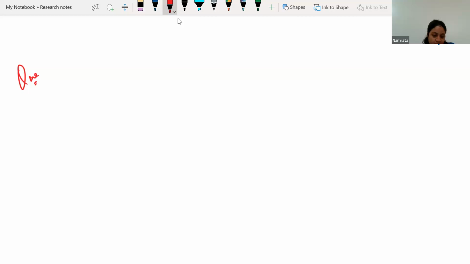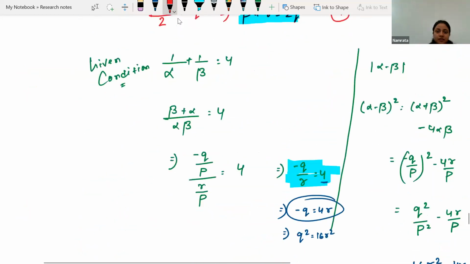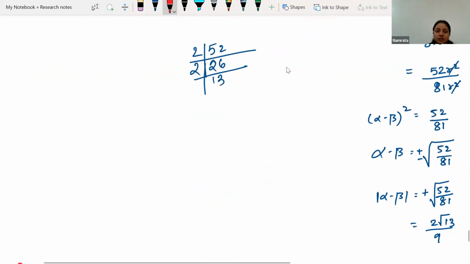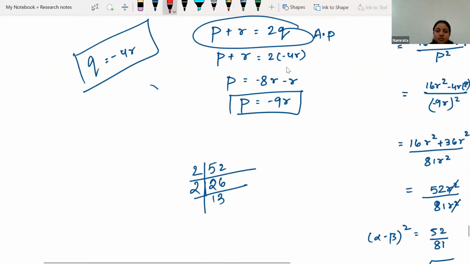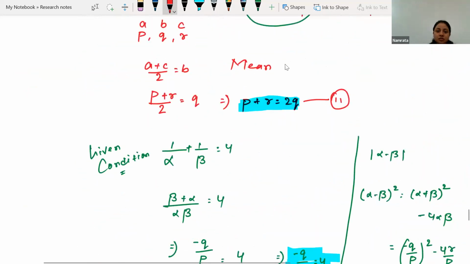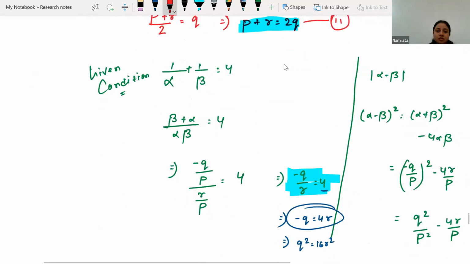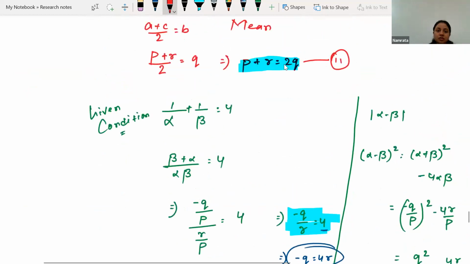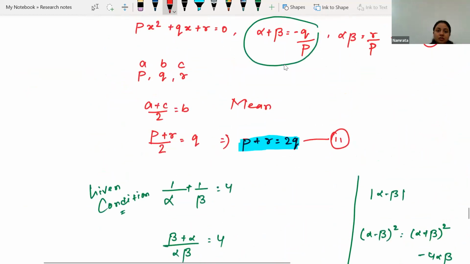Ma'am, can you go up? I didn't copy the last part. Yeah, sure. Here, this much. No, a bit more up. I copied that part. Yeah, a bit more down. The P plus Q, that part. Yeah, is it just a bit more up? Yeah, okay.